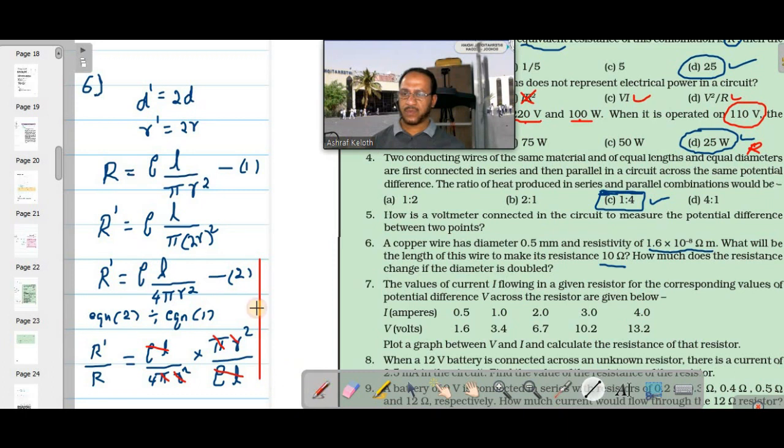Pi R square cancels. What is remaining? R dash by R is equal to 1 by 4.